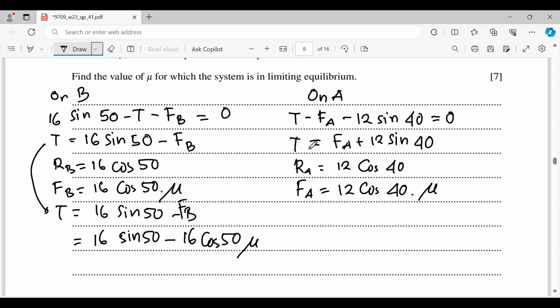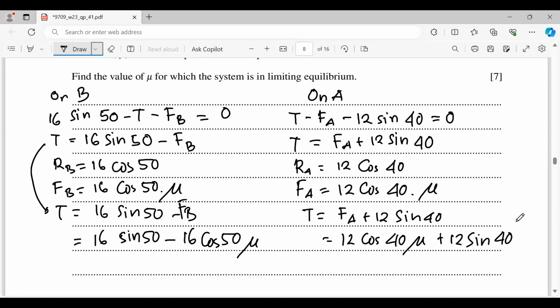As well, T equals FA plus 12 sine 40, being 12 cosine 40 times mu plus 12 sine 40.